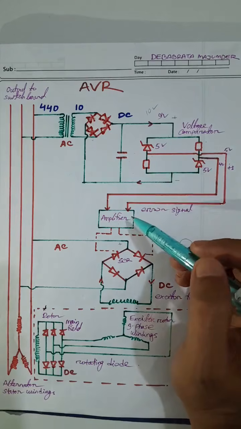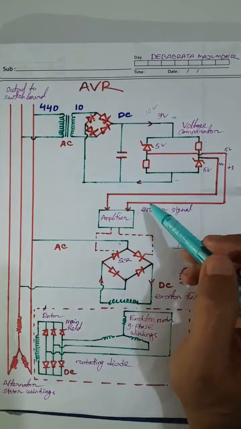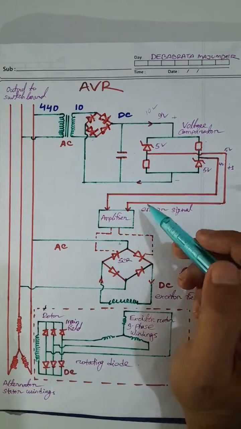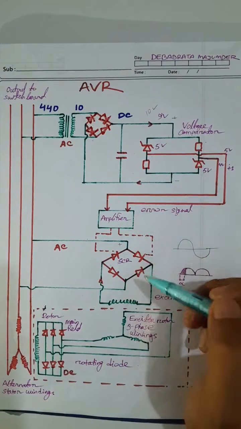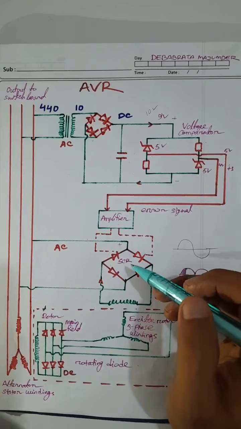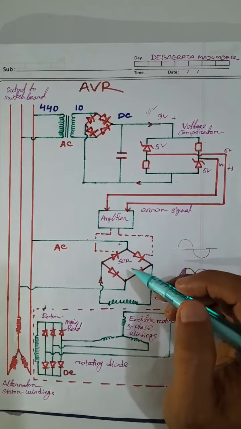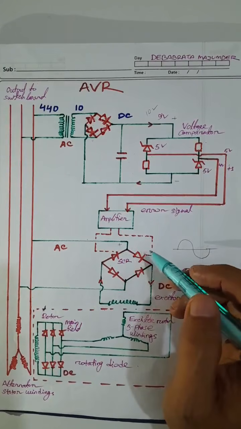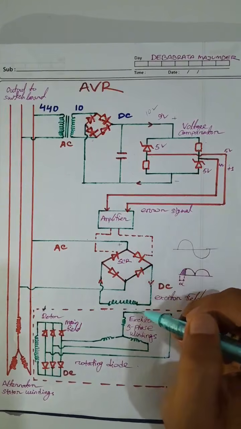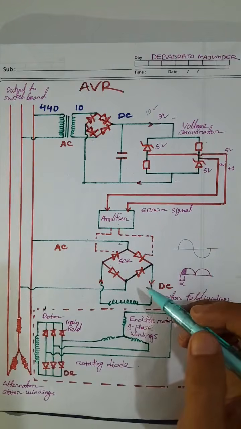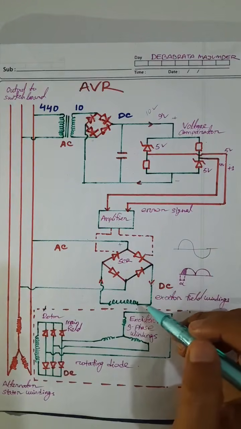Then this is the amplifier, which amplifies the error signal, and this is the SCR, that means silicon controlled rectifier. And after that this is the exciter field windings.